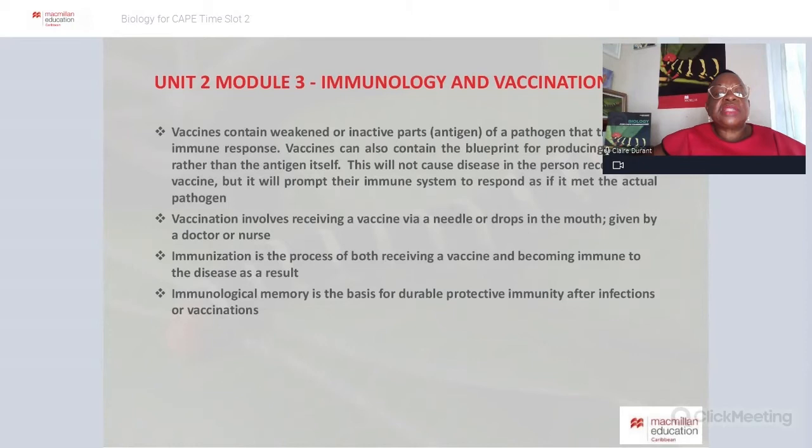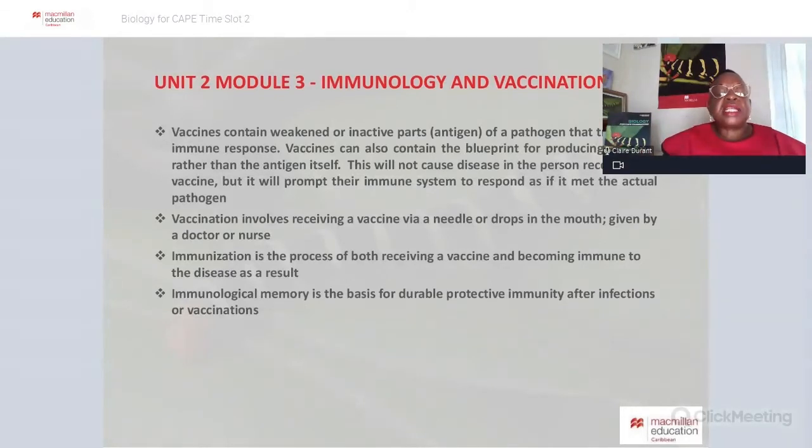So, vaccines will not cause a disease in the person receiving the vaccine, but they will prompt their immune system to respond as if it met the actual pathogen. And vaccinations involve receiving a vaccine via a needle or drops by mouth. And I remember as a child receiving the polio vaccine as drops on a little block of sugar.